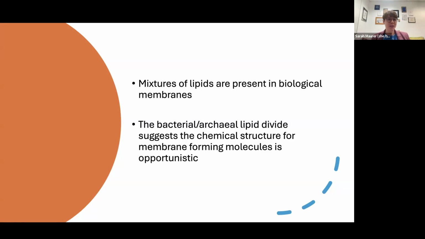And as long as it's performing that function, the exact identity of those lipid-forming molecules doesn't matter so much. So it's going to use whatever molecules it has the best opportunity to use to make those membranes.